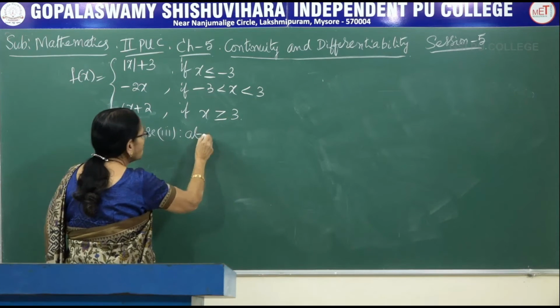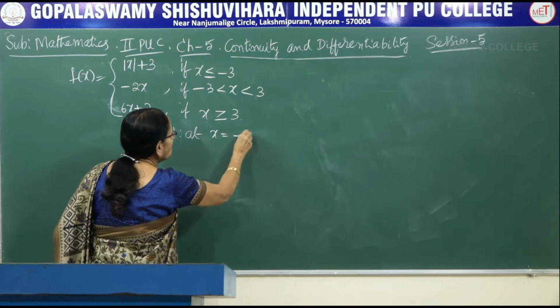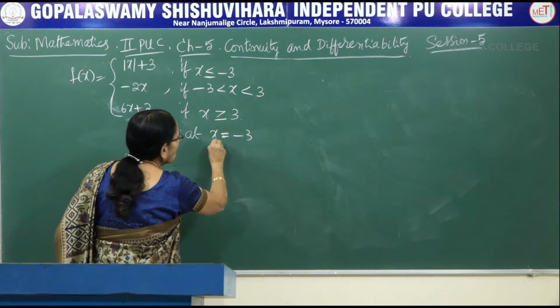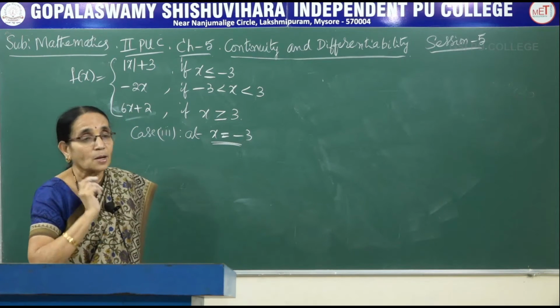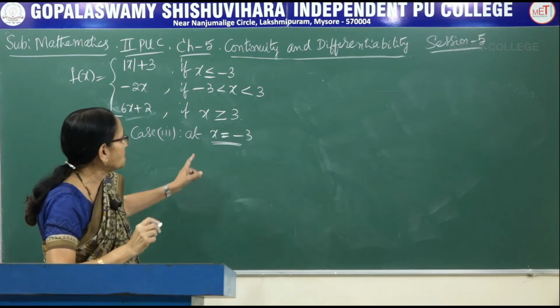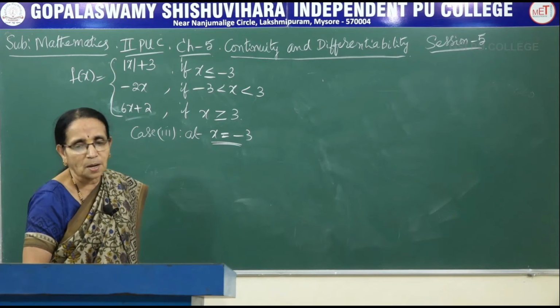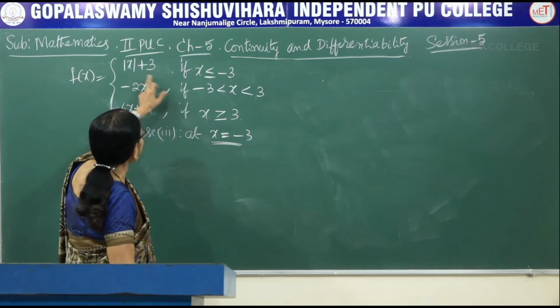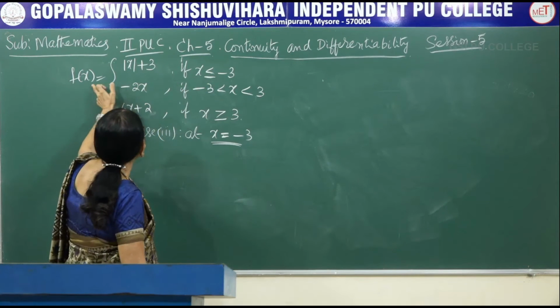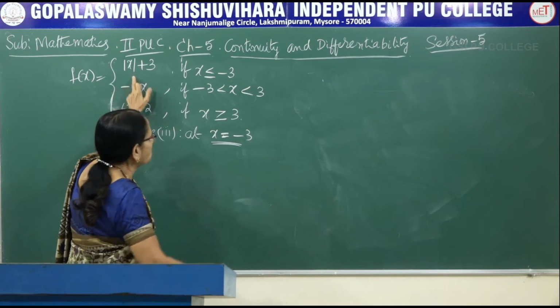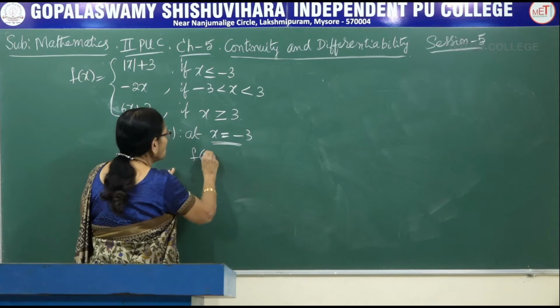Now at x is equal to minus 3. I am giving a particular value here, not a vague general value. It is at x is equal to minus 3. Now x equal to minus 3, equality is also there, inequality. x equal to minus 3 means f of x equals, how is the function defined?